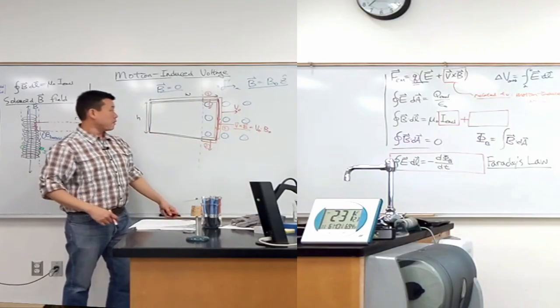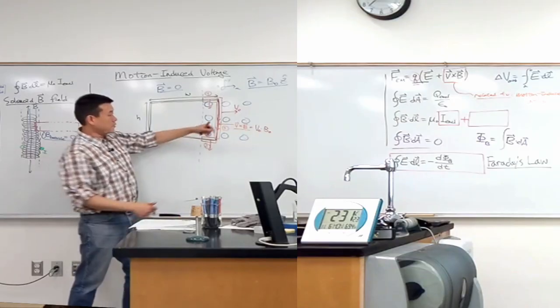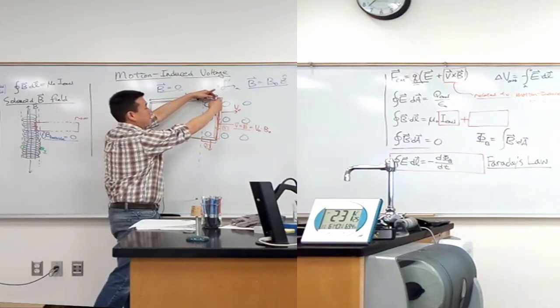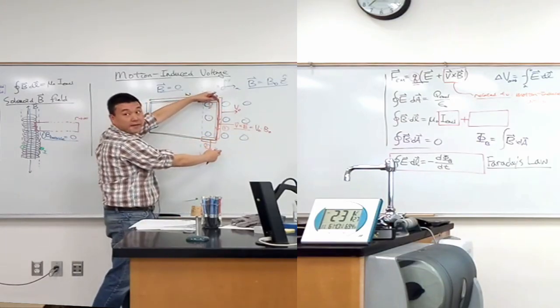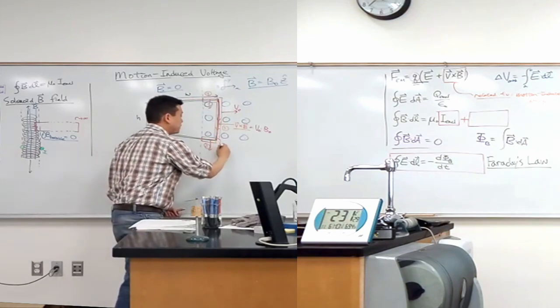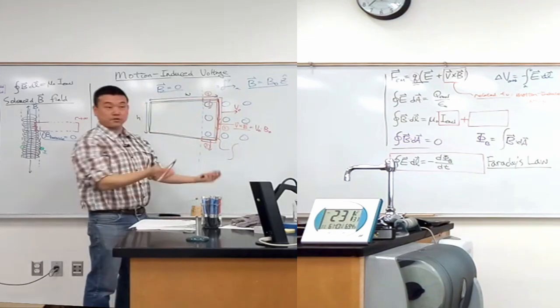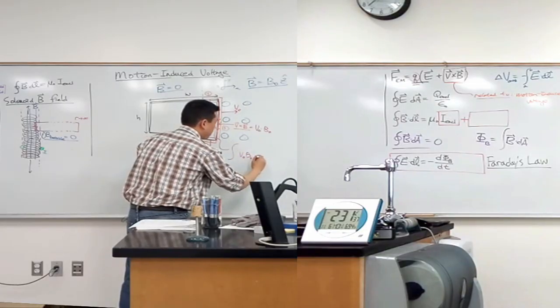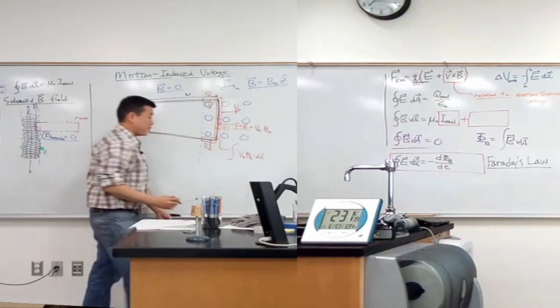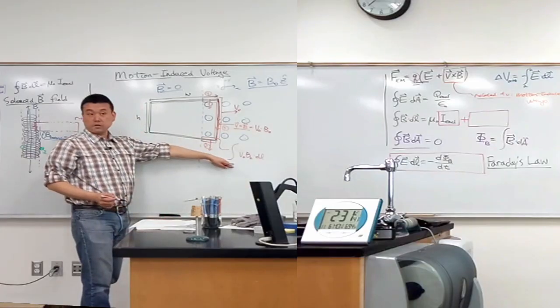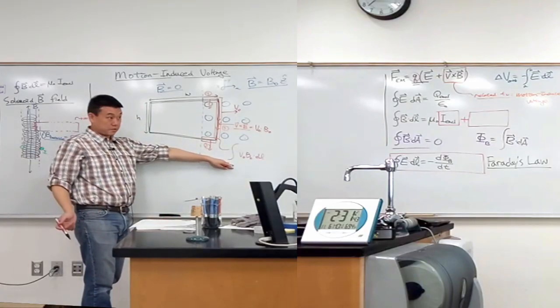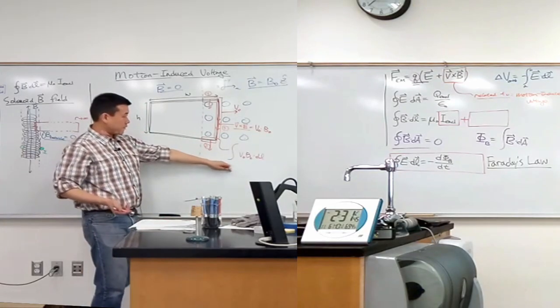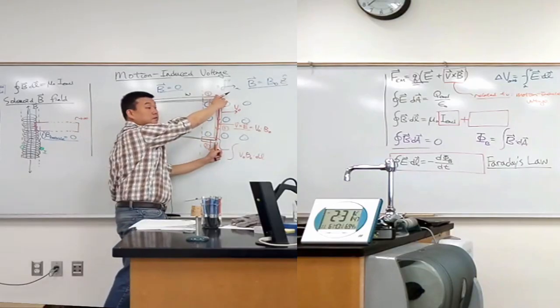So the effect is going to get added up over this entire length. If you calculate the line integral, v0 B0 times dl, this is the motion-induced voltage. There's a voltage difference from here to here.